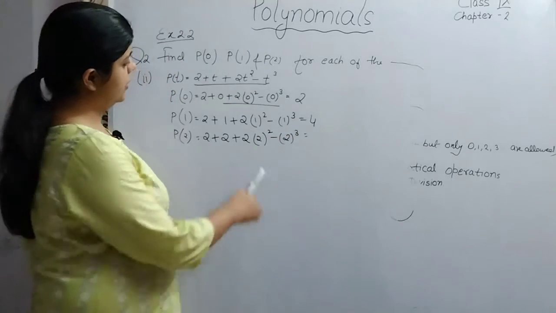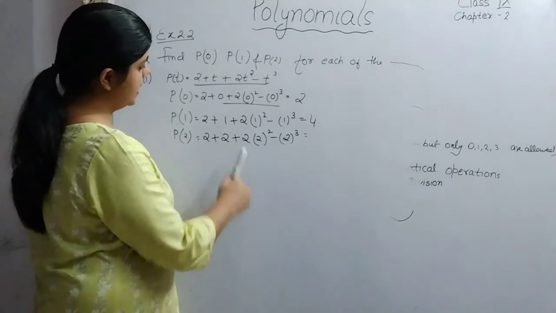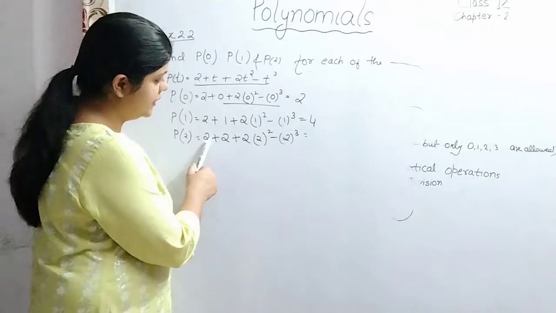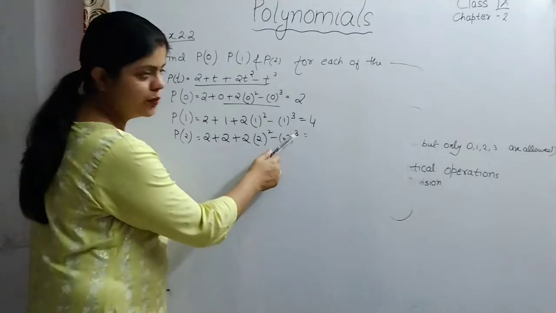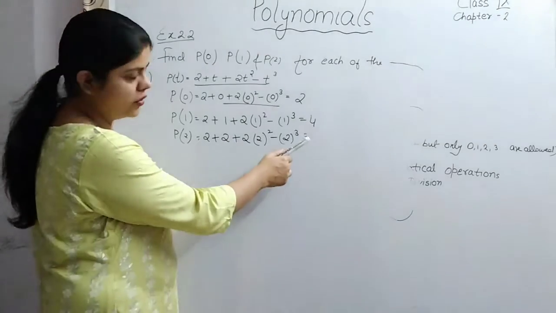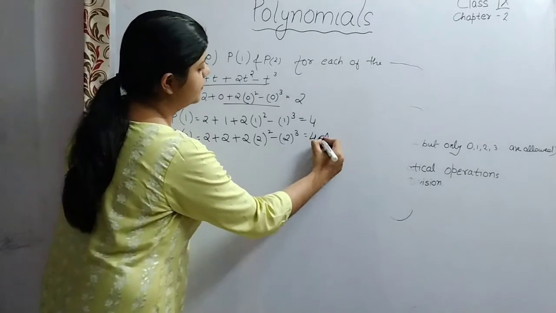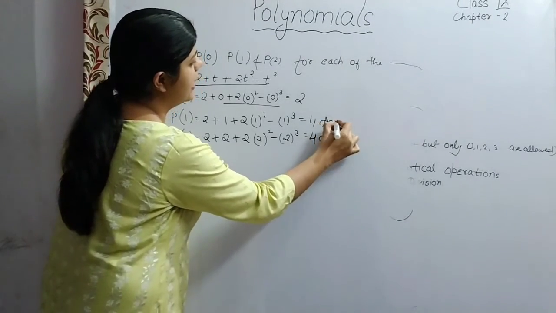Here 2 fours are 8, 8 plus 2 is 10, 10 plus 2 is 12. 12 minus 2 cube, 2 cube means 8. 12 minus 8 is equal to 4. These are the answers.